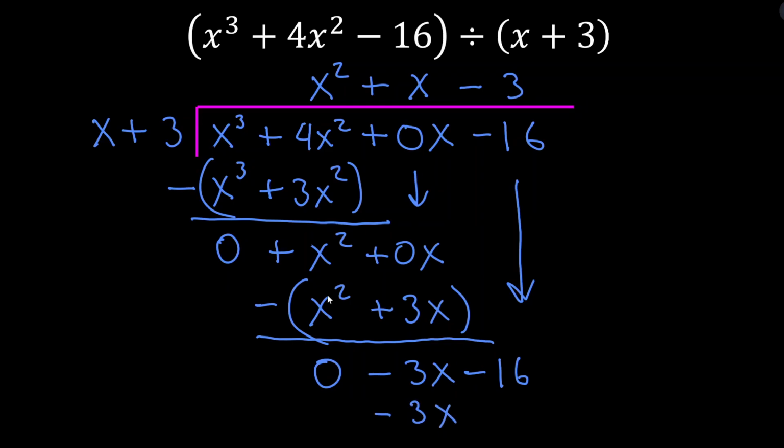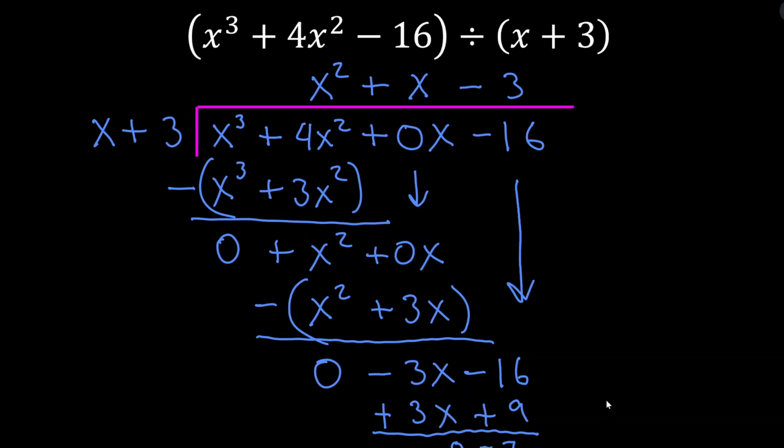Negative 3 times 3 is negative 9. And remember, we're going to subtract. So I'm going to do the cheat code. Change the sign. Boom. Now I'm adding. Awesome. Negative 3x plus 3x is 0. Do I have any room down here? 0. And then negative 16 plus 9 is negative 7. All right, so I have a remainder of negative 7.